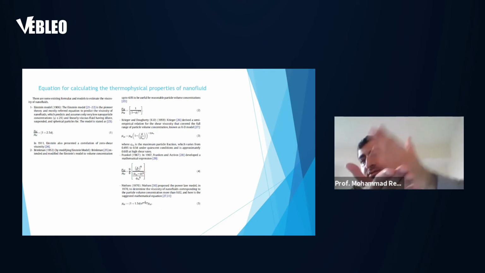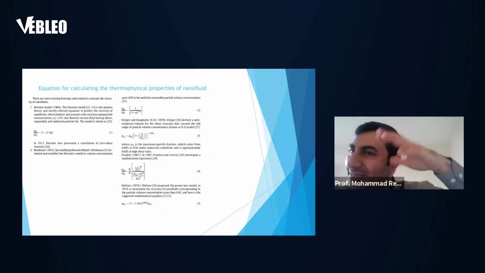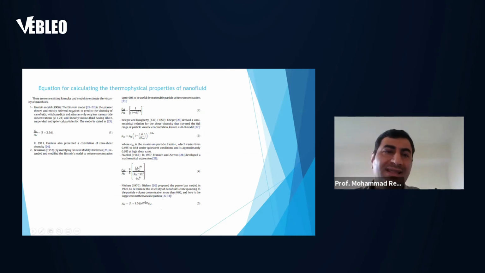It means they could chop the solid into micro size and add it to the fluid. That had many problems. These formulas are for micro size, not for nano size. But unfortunately, many people in their research, especially before 2012, 2013, have used these formulas for nanofluid. That's the thing.